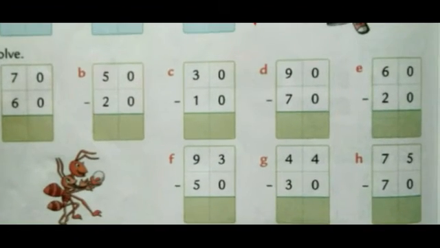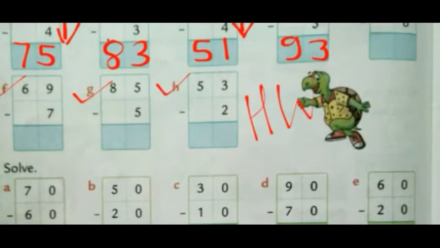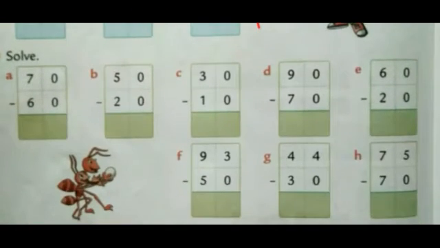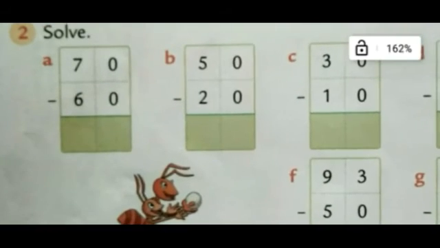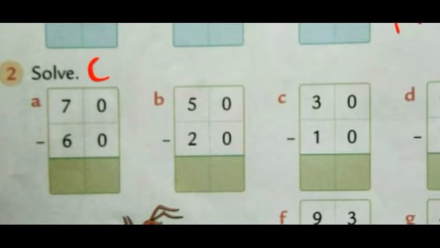Okay? Moving on to the next question. Again, solve. Just now we studied how to subtract a 1-digit number from a 2-digit number. Now here we will study how to subtract a 2-digit number from a 2-digit number only. So as I told you, always begin with the ones. What is given in the ones? 0 minus 0.